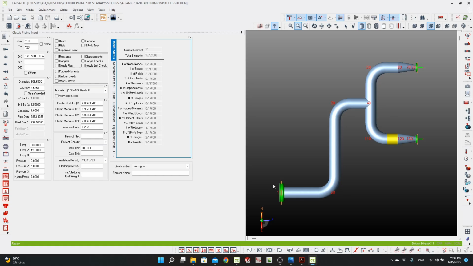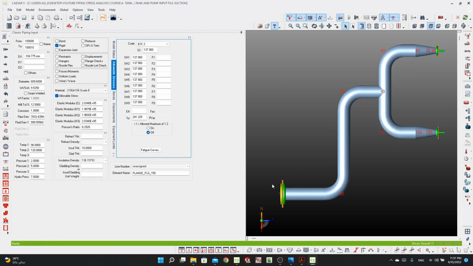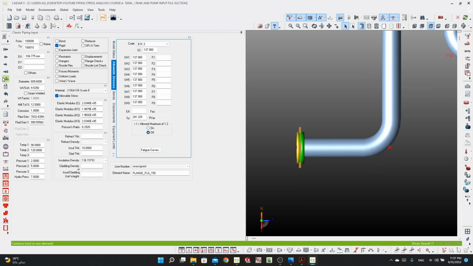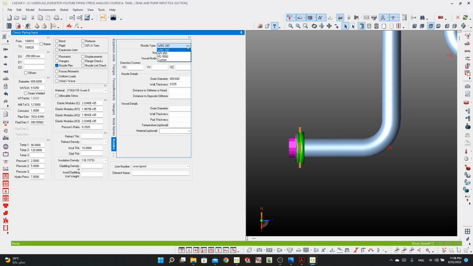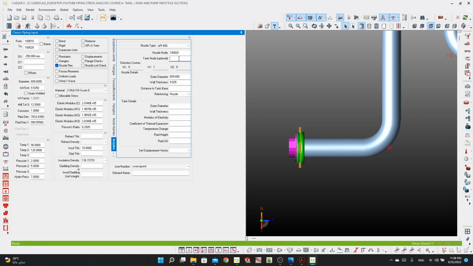After that, let's consider a projection for the nozzle. In this projection, we need to calculate the flexibility, which we already did by calculating the stiffness here, and we will select to use the API 650. Here it mentions if you need to make a C node for options.